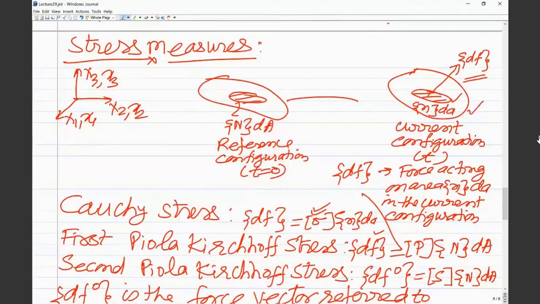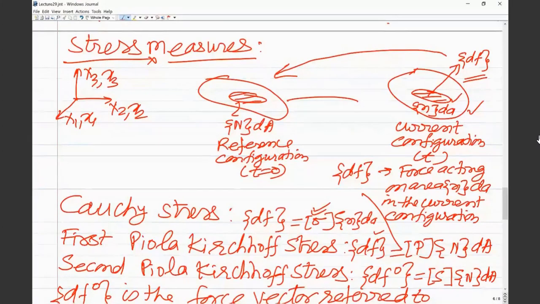Now we want to represent this by an equivalent force in the reference configuration. So df naught is a mathematical concept, which is the force df in the current configuration referred to, or you can say an equivalent force in, the reference configuration.